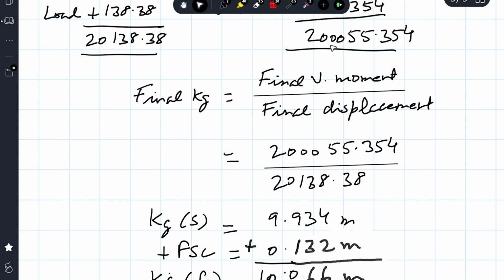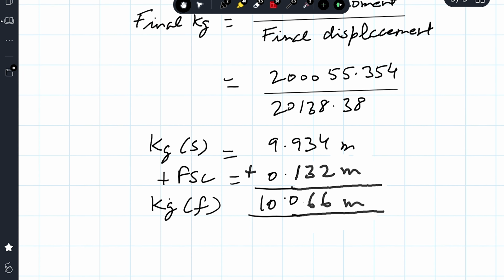The vertical moment is 200,055.354, the final displacement 20,138.38, and KG solid is 9.934. So we must add the free surface correction to it because they are asking for KG fluid, and I found the free surface correction 0.132 meters. Add, and I get KG fluid, 10.066 meters. So that is the answer, 10.066 meters.